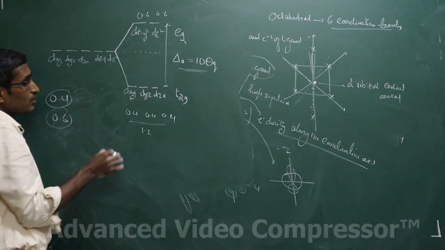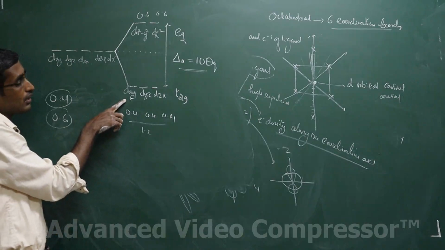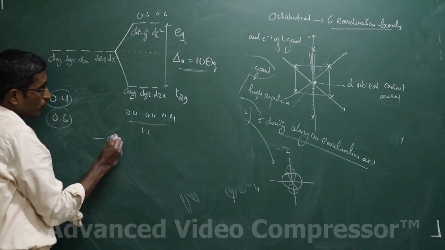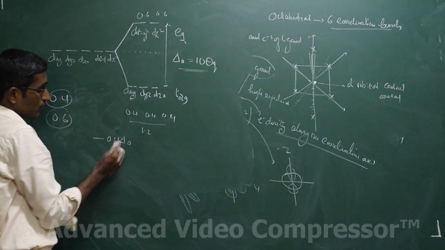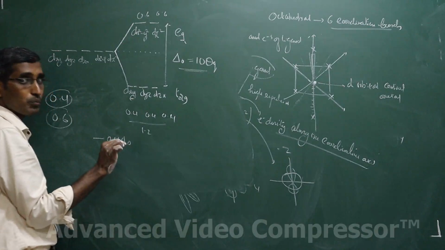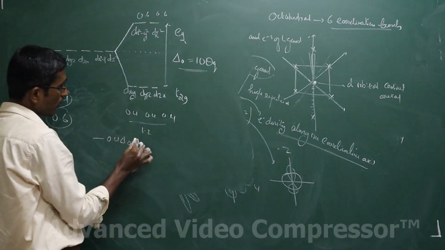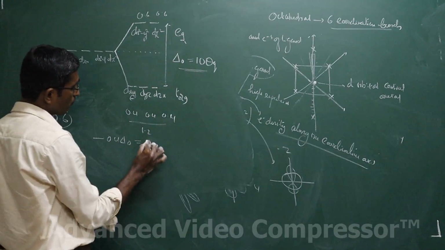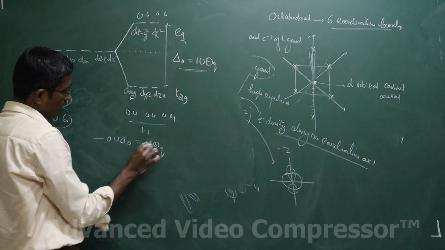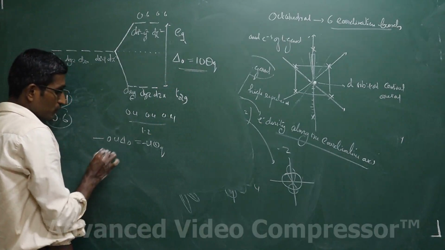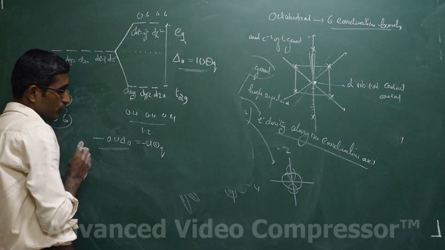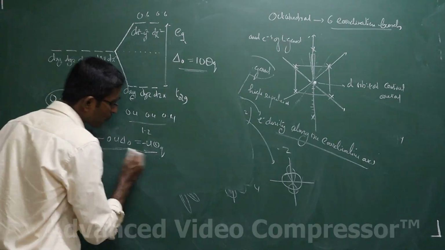That means any electron going to the t2g orbital will be stabilized by minus 0.4 delta naught, or minus 4 dq, right? Because 1 delta naught is 10 dq. Any electron going to the t2g orbital will be stabilized by minus 0.4 delta naught or minus 4 dq.